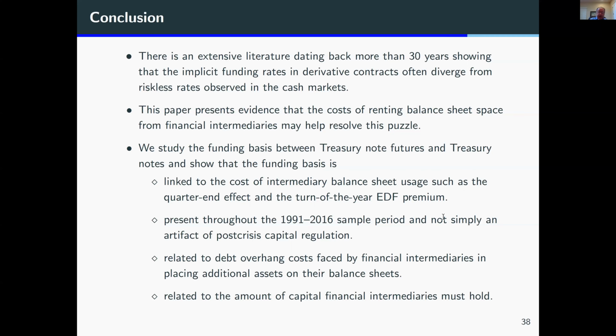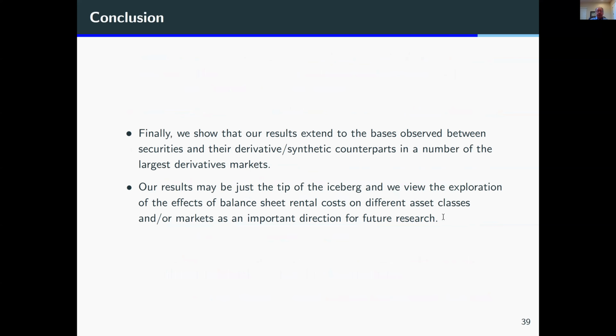We find some evidence that it's linked to the way intermediaries are managing their balance sheet and the cost to them of placing additional assets on balance sheet. It's also related to the amount of capital financial intermediaries must hold. When they're more capital constrained, their balance sheet space is more precious and they charge for it. And that puts a wedge between cash and derivative prices.